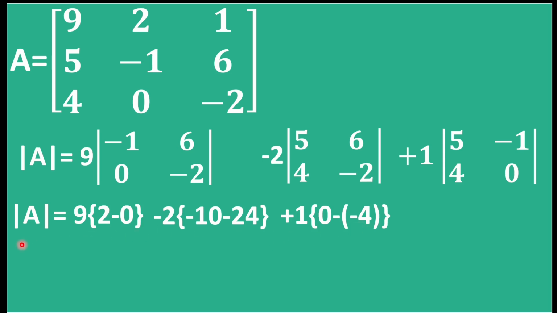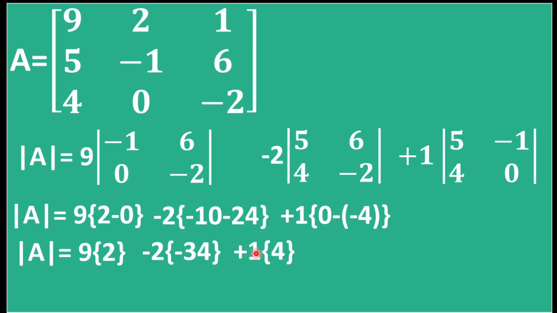And now this 9 and this will become 2. So 9 times 2, and here this -2, and -10 -24 equals -34, and here this 1 and 0 minus -4, the minus times minus will become +4.